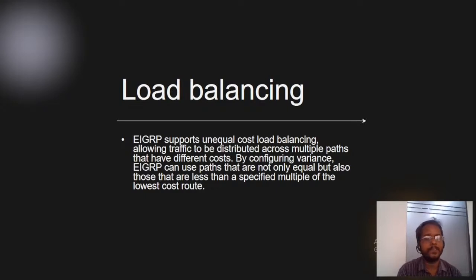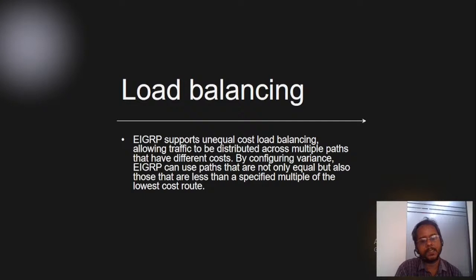So there is a thing known as the RD, the reported distance, and the AD, the advertised distance. You have to use the variance feature wisely so that all the paths qualify as a valid path, because there is a FD, that is the feasible distance. The reported distance is reported by the neighbor, and the FD is the lowest cost path, that is the best path.